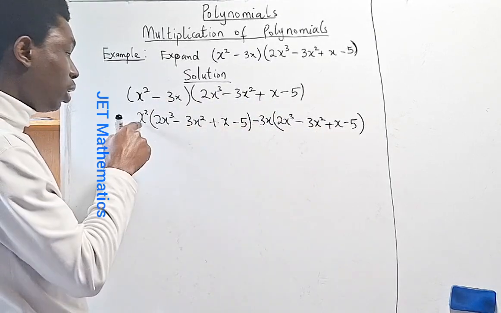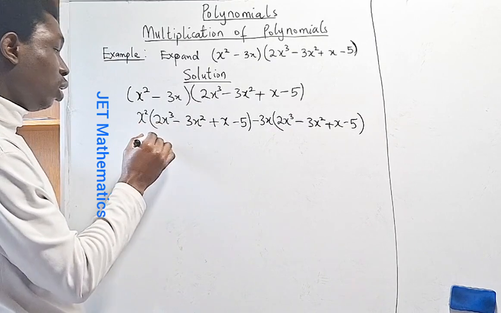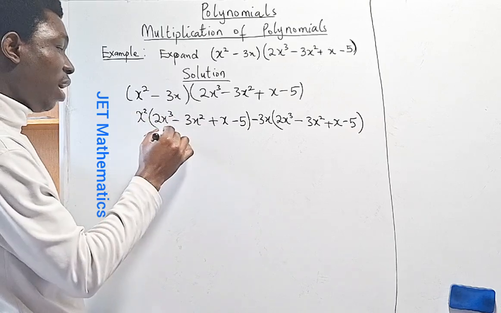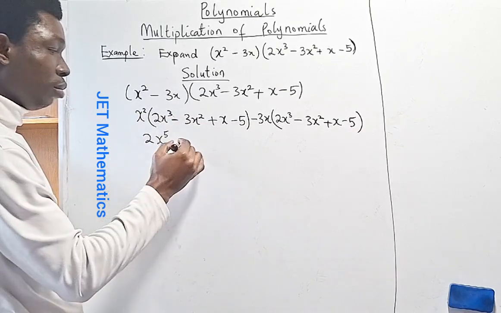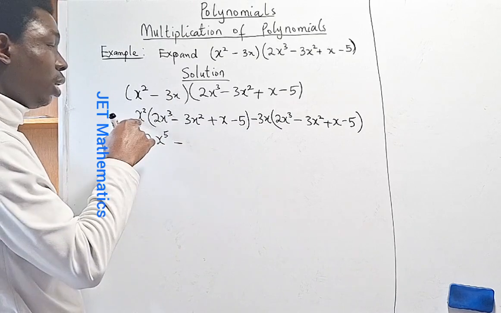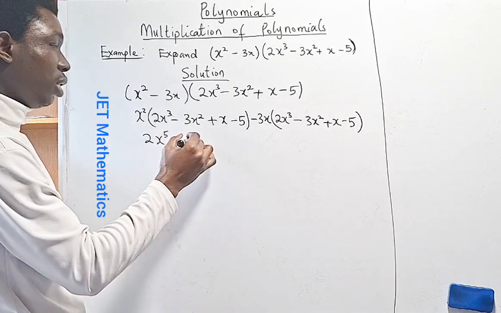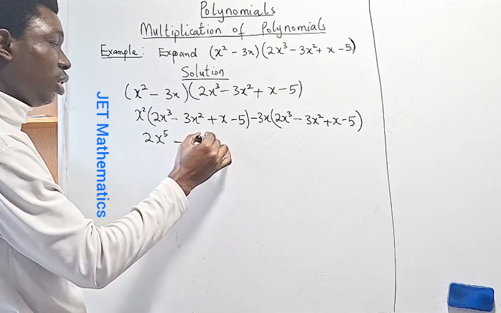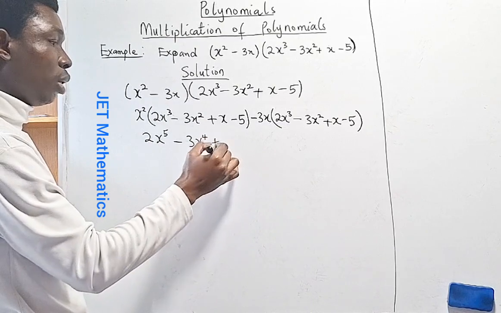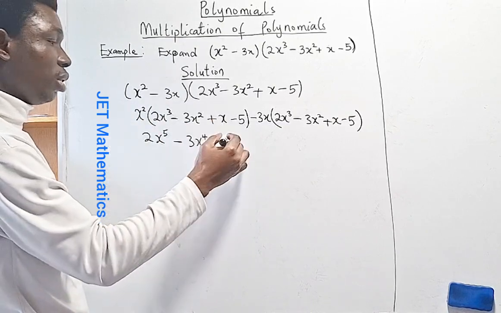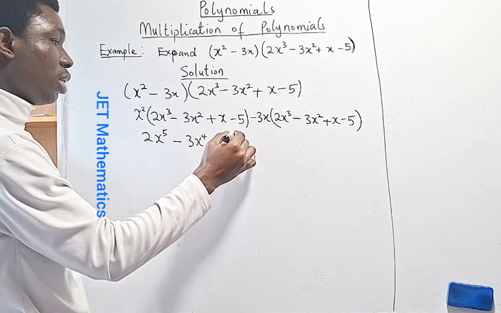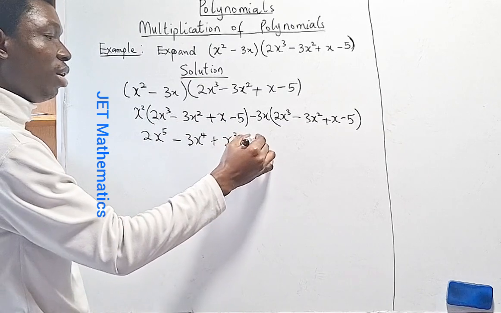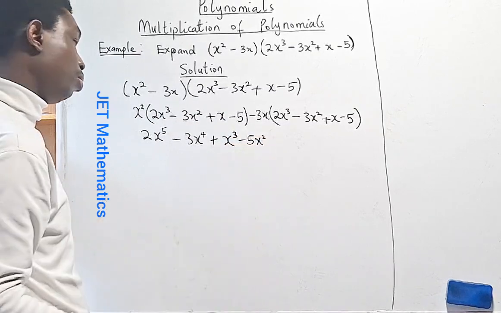Now we just expand. This times this gives us 2s to the power 3 plus 2, which gives us 5, okay, minus this times this gives us 3x to the power 2 plus 2, which gives us 4, plus this times this gives us s cubed, and then this times this gives us minus 5s squared.